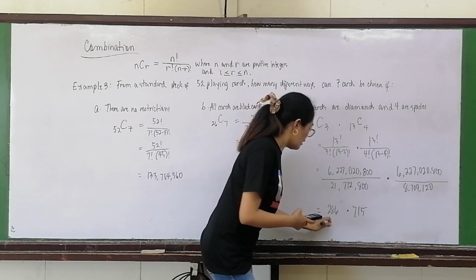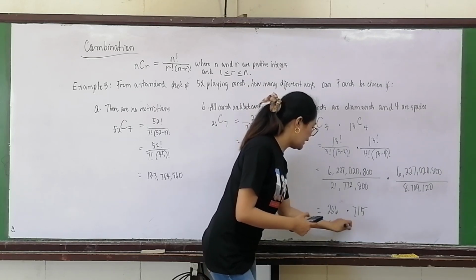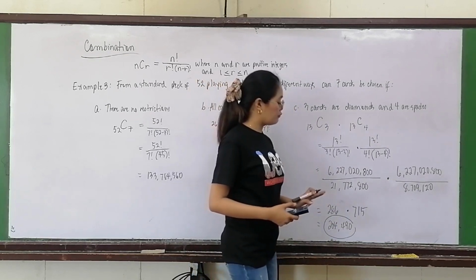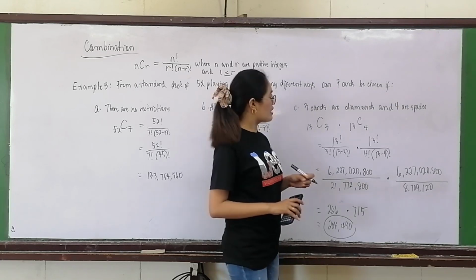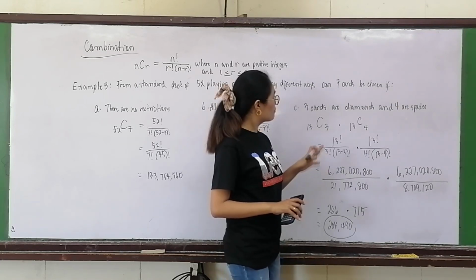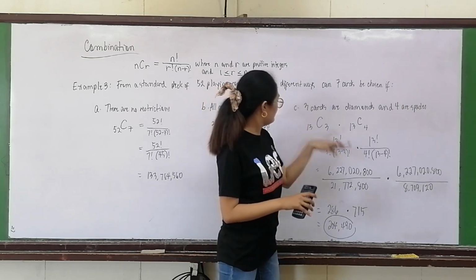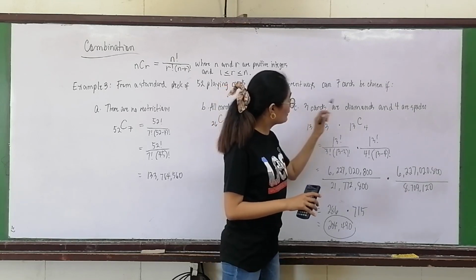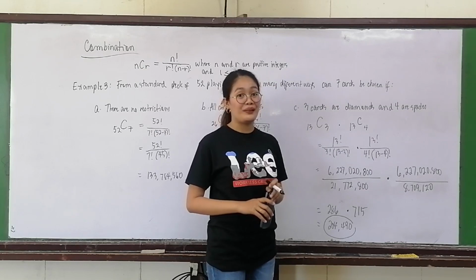The product is 204,490, which means that there are 204,490 ways of choosing 7 cards, in choosing 3 cards that are diamonds and 4 cards that are spades in a deck of 52 playing cards.